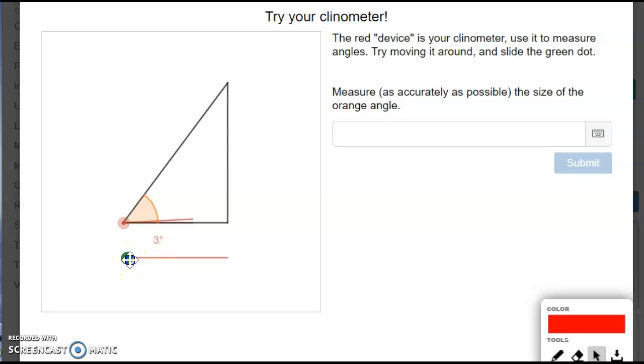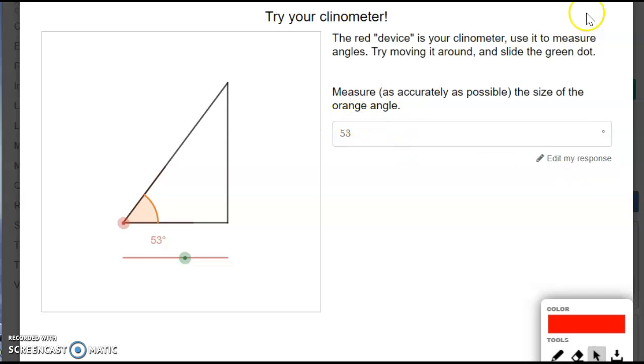And then I can move the green dot, which will measure the angle. So what is the angle here? That looks about right. My guess is that the angle measure is 53 degrees from what I've just done.